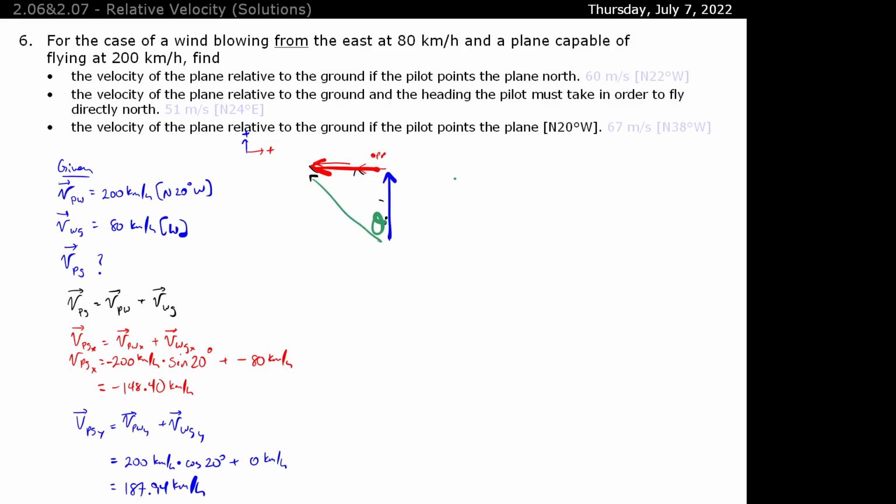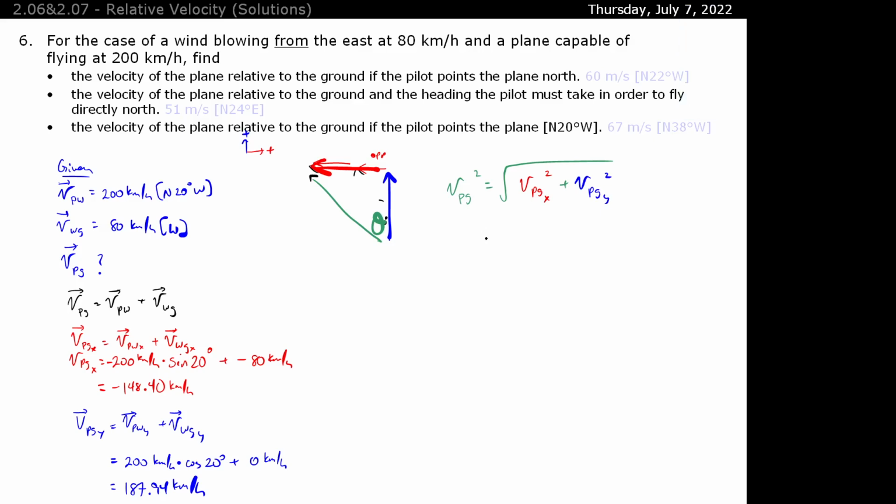Okay, so I'll start with the magnitude first. So VPG squared, using the Pythagorean theorem, is equal to VPGX squared. I'll color code it, why not? VPGX squared plus VPGY squared, because we have those.